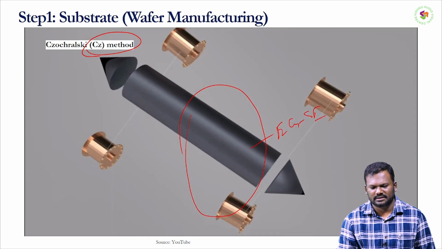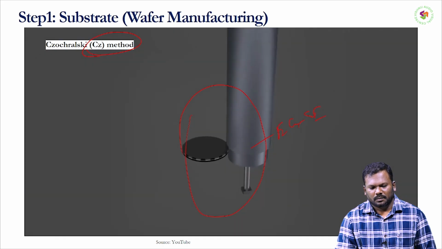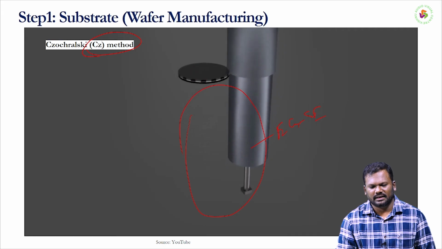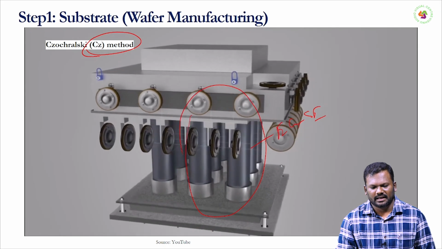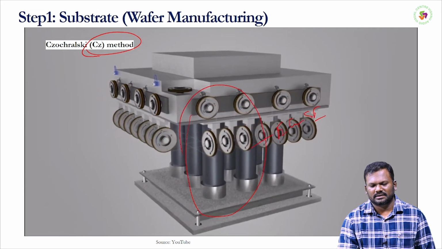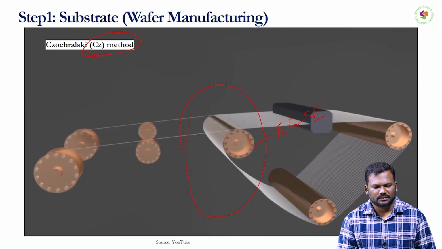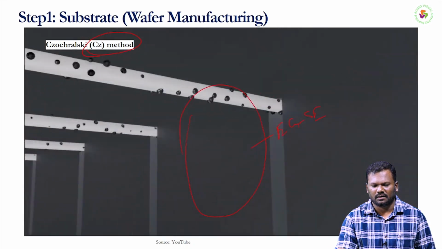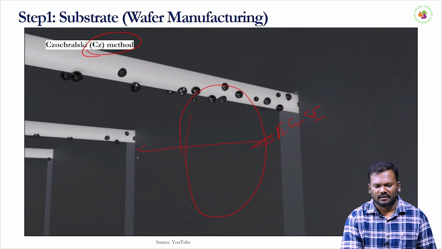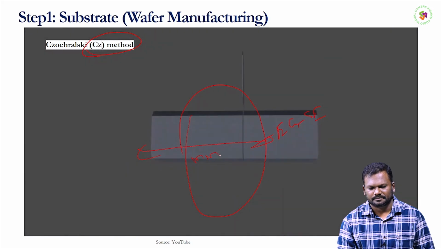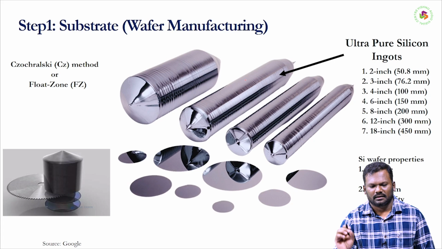So the ingot is first polished. As you can see here, first it is polished, then with diamond cutters we need to slice it into small wafers. So this is one wafer which is of millimeter thickness.